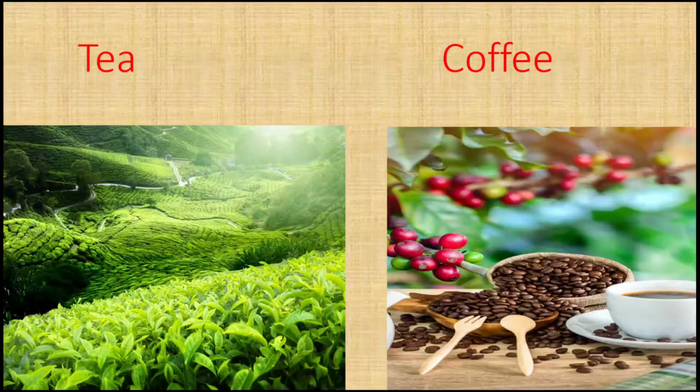Look at the picture, boys. In the first picture, you can see tea plantation. And in the second picture, you can see the coffee plant and the coffee seeds. Yes, hot drinks like tea and coffee are also the gift of plants.